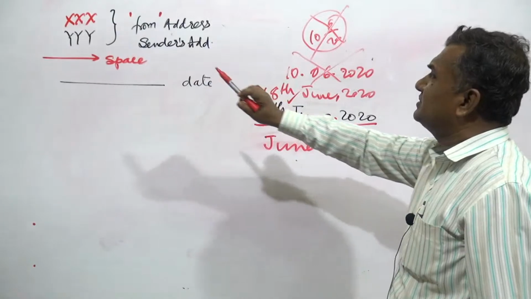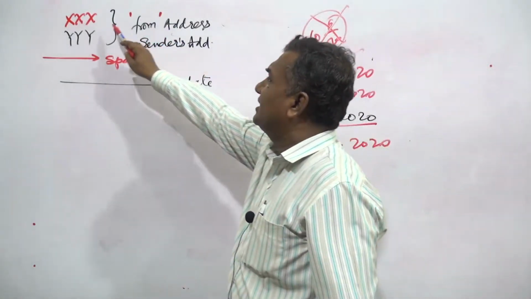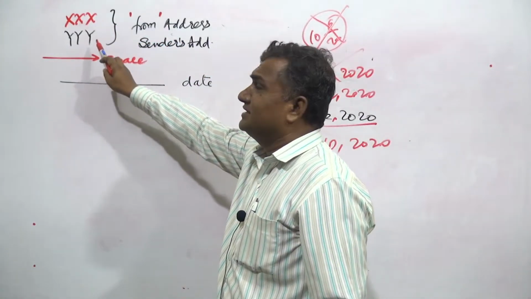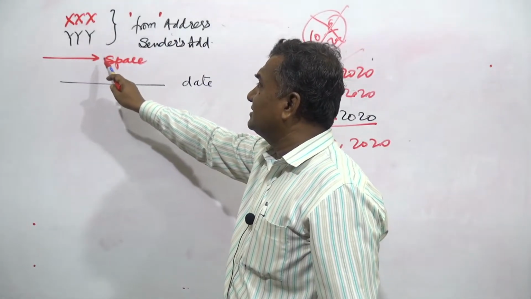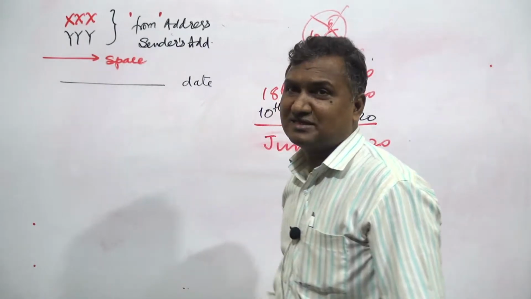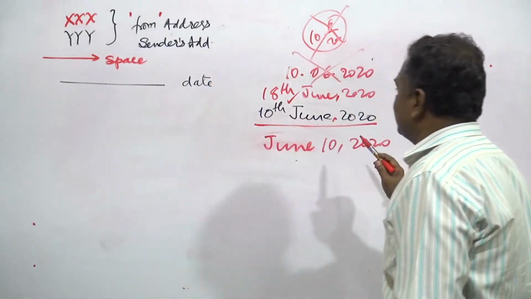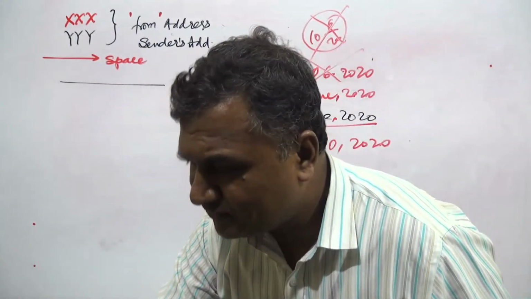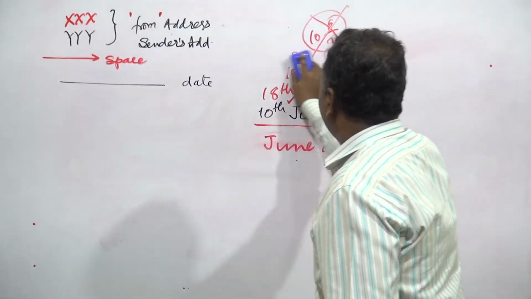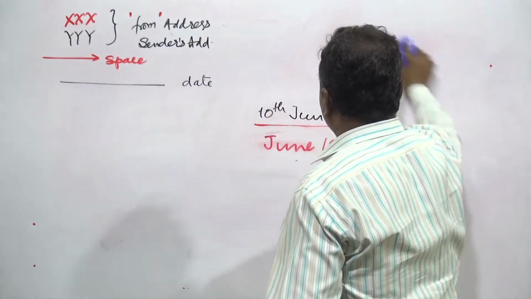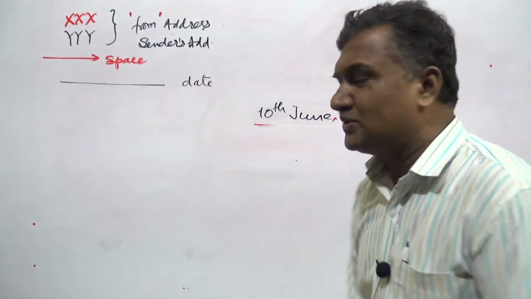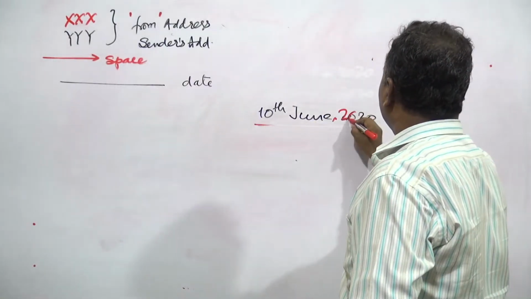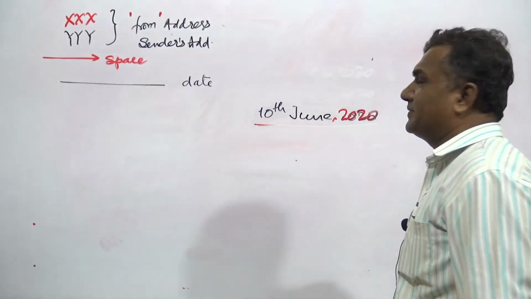So now, 3 times X indicates your name, 3 times Y indicates the name of your place, your address. Then this arrow mark indicates the space, and as I told you, you have to write the date like this. 10th June 2020.